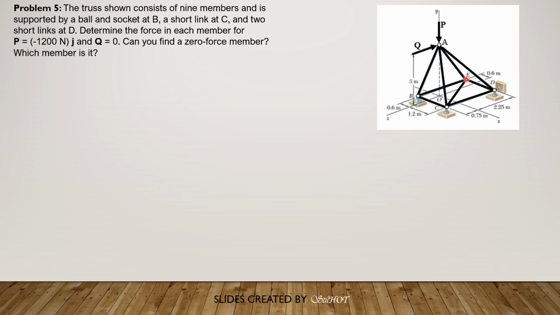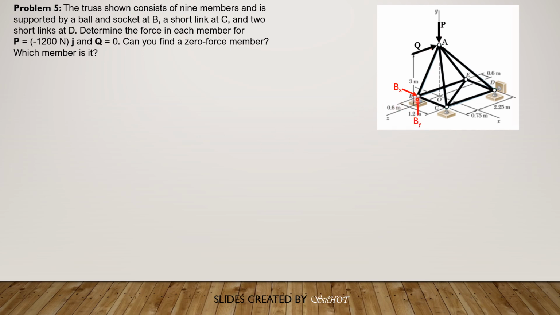Therefore, if you sum up forces vertical, perpendicular to the plane, these 3 forces will not be involved, only this member will be involved. But since there's no force to be counteracted by this member, FAE cosine of the angle it makes with the y-axis equals 0. So that means FAE is 0. So the zero force member is FAE.